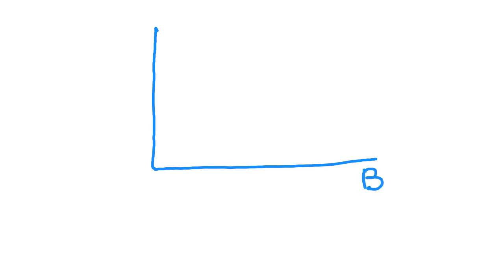Now see, I'm just giving you another example. Suppose I'm taking two products. On the horizontal axis, I am taking brown bread, and here I'm taking white bread.